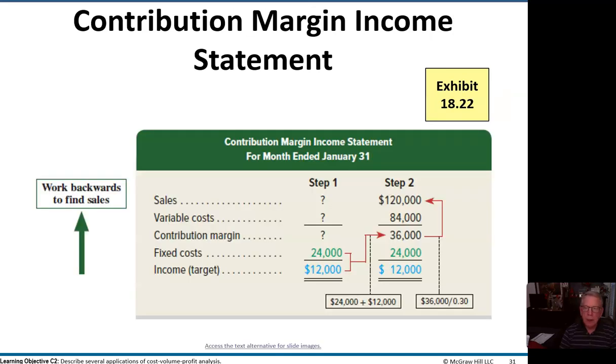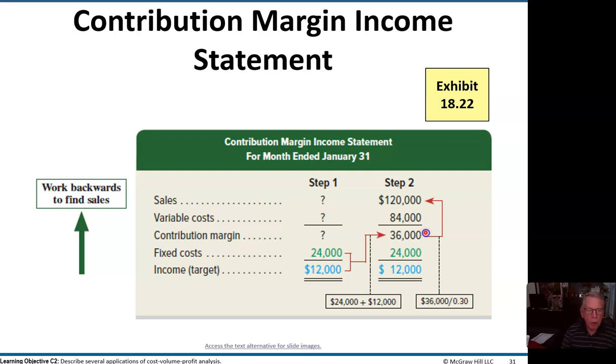Okay. So here was the contribution margin income statement, and we work backwards to find our sales. Here, our targeted income was $12,000, and our fixed costs were $24,000. So that means our contribution margin is going to be $36,000.